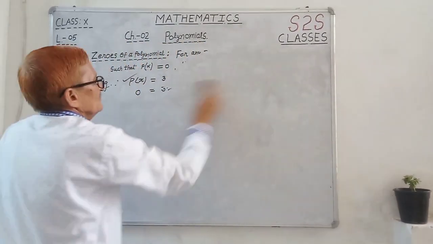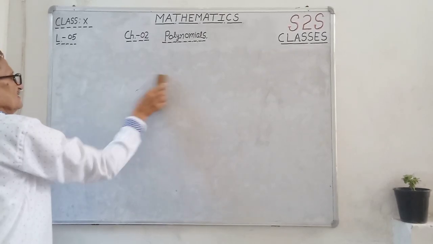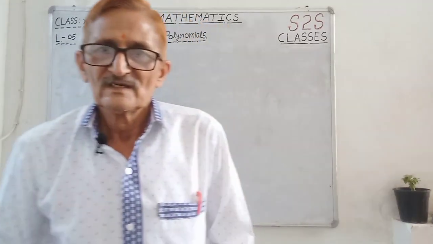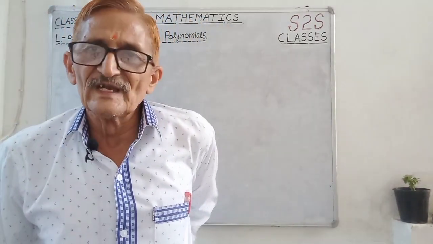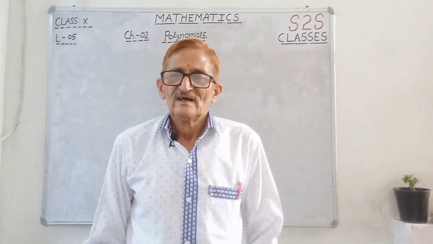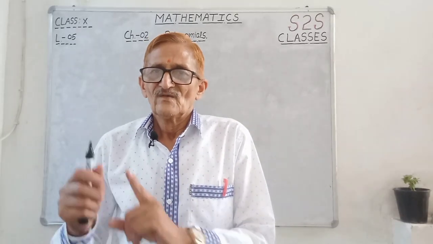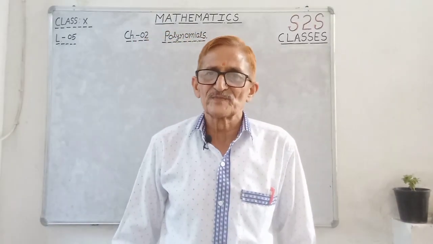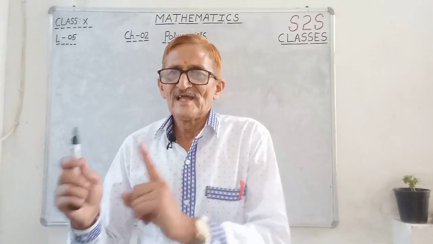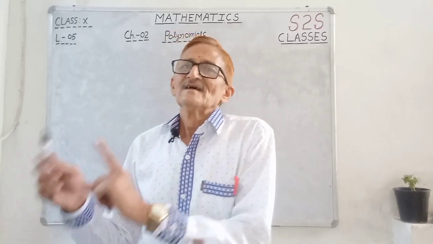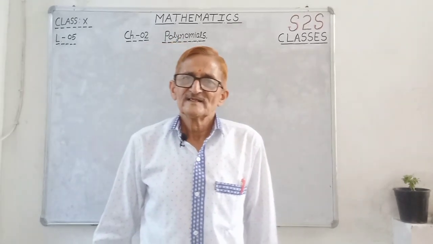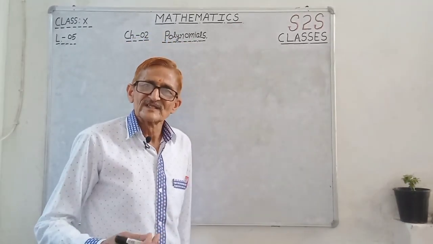Let us suppose one mathematical statement: in a rectangle, if the length is 1 centimeter more than twice its breadth, then this is one mathematical statement.